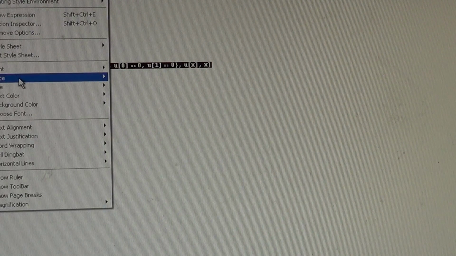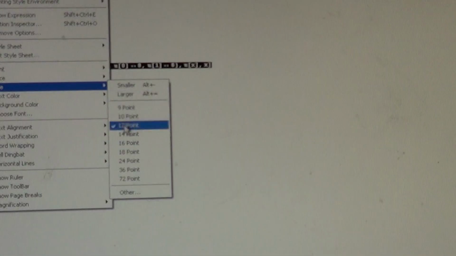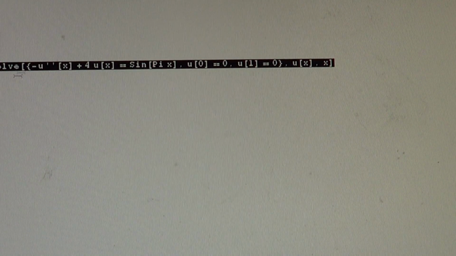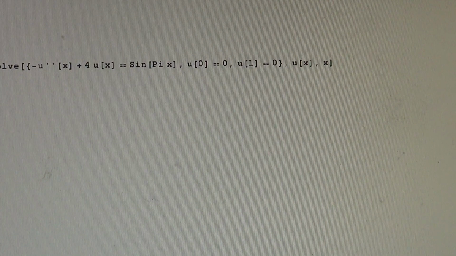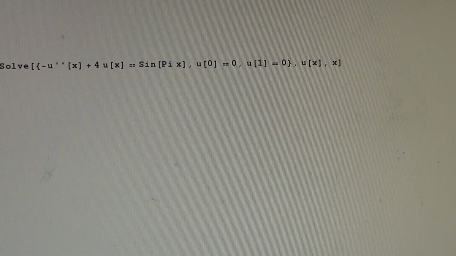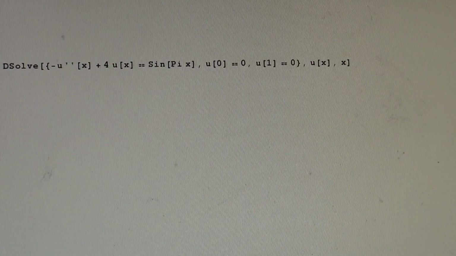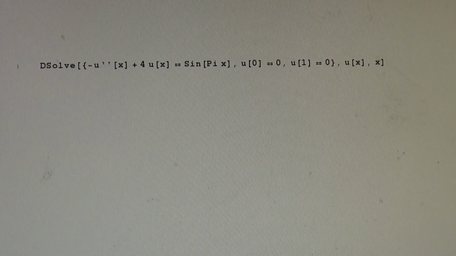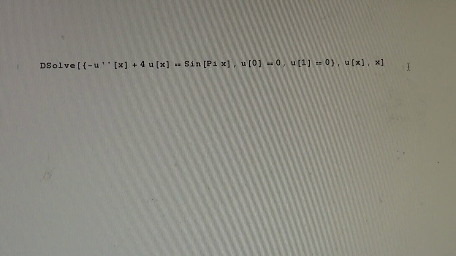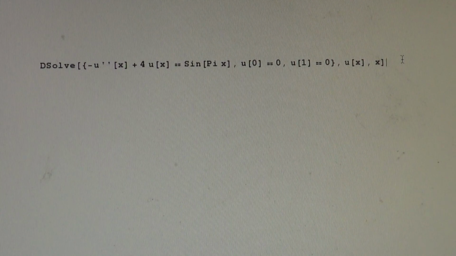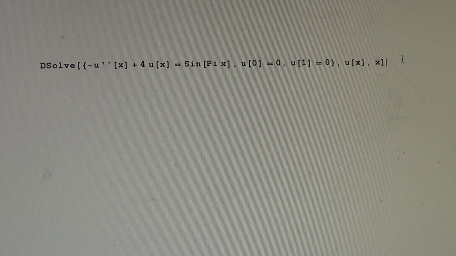Let us enlarge the command to see it better. Okay, let us move that command to the right. Now to get the solution, we execute the command pressing Shift Enter.